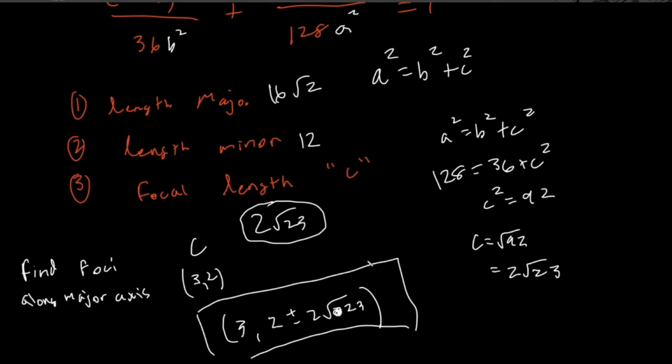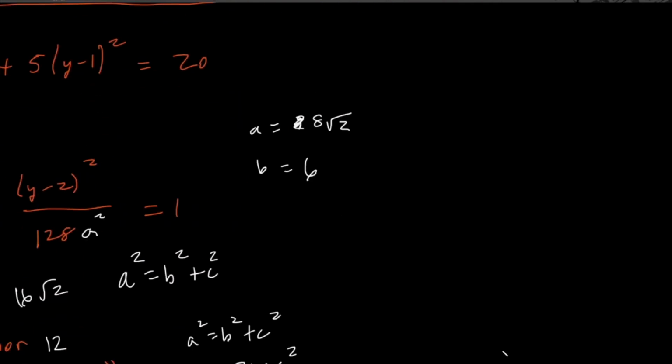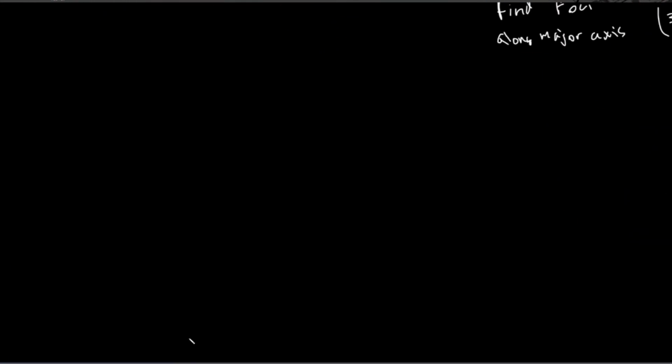Cool. I got one last thing for y'all. I want to show you. So just like we did with circles, we may see sometimes an ellipse that is not in standard form.